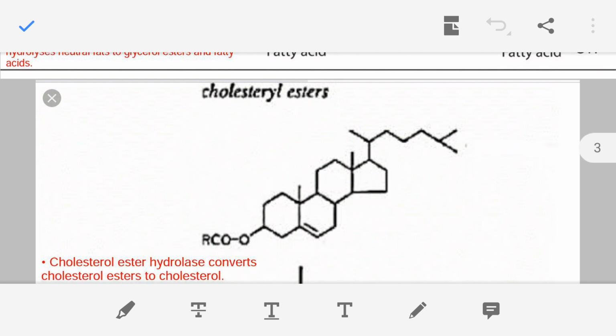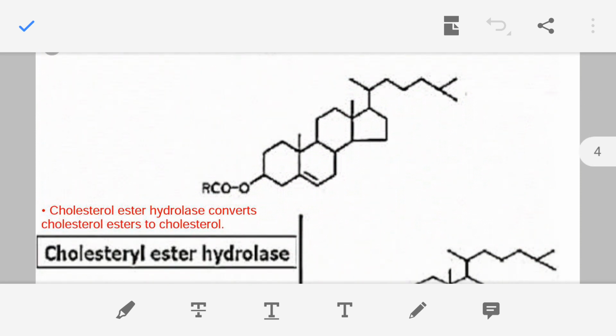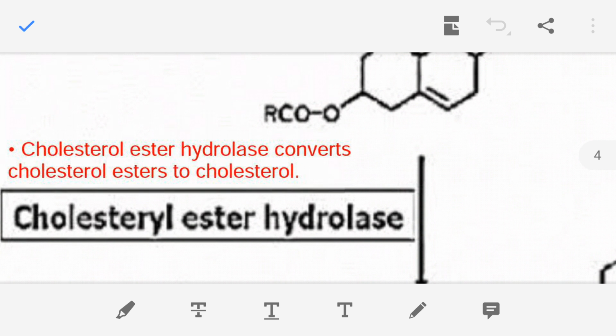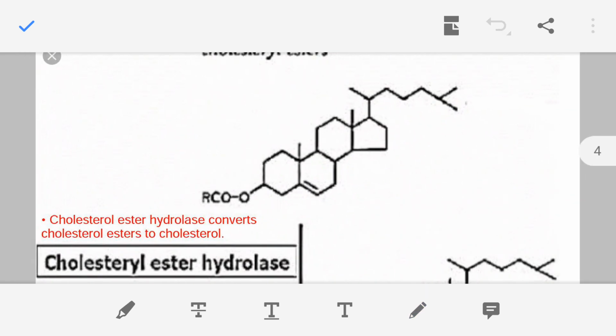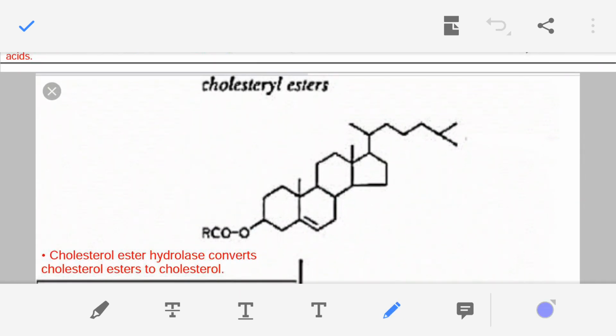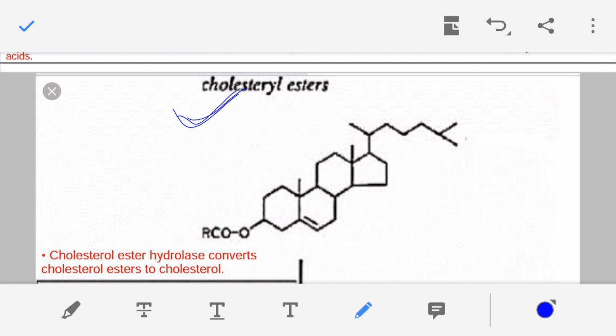Now another enzyme is there, and the enzyme name is cholesterol ester hydrolase. Here, this is the structure of cholesterol ester.